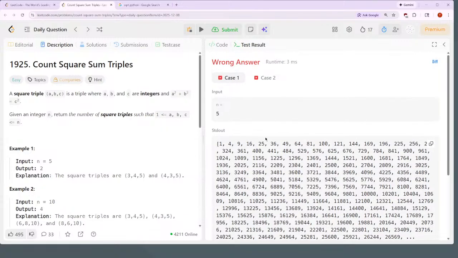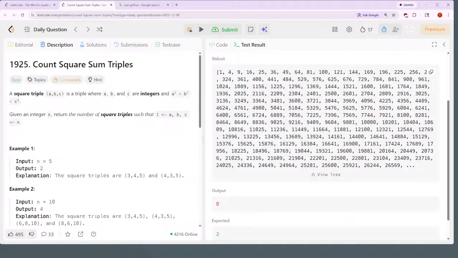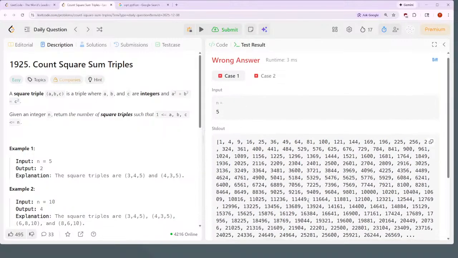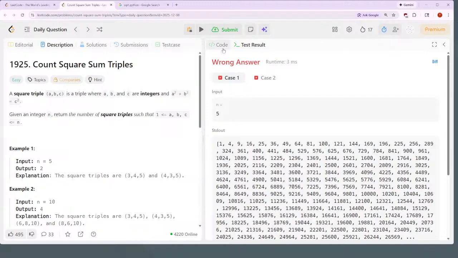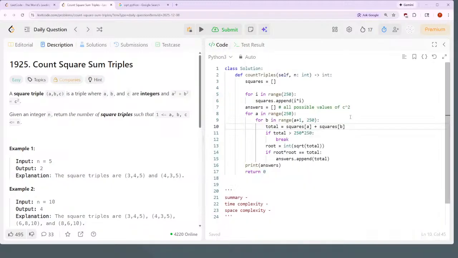Okay. I mean, there should be at most 250 things right there, right? Is that right? There should be at most 250, because C has to be a whole number between 1 and 250.